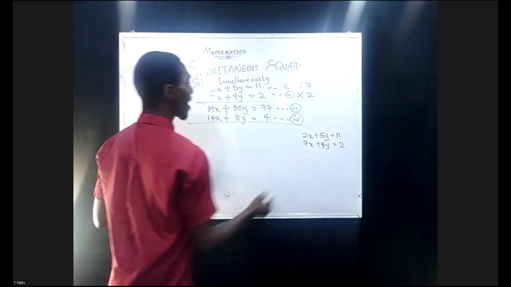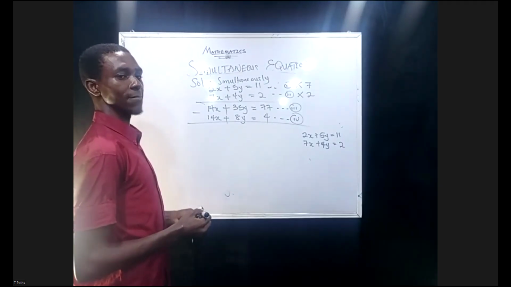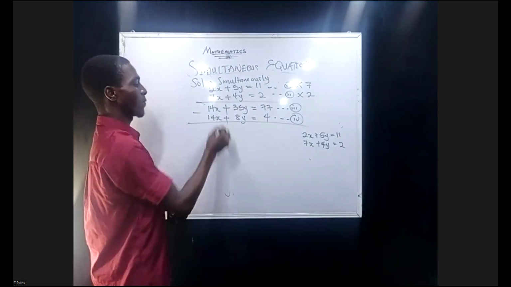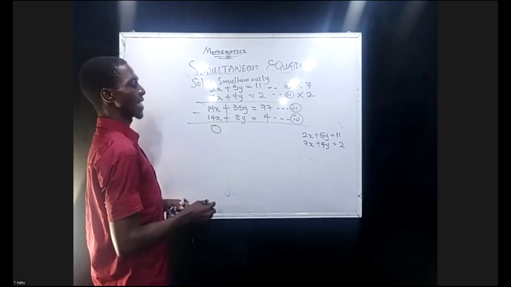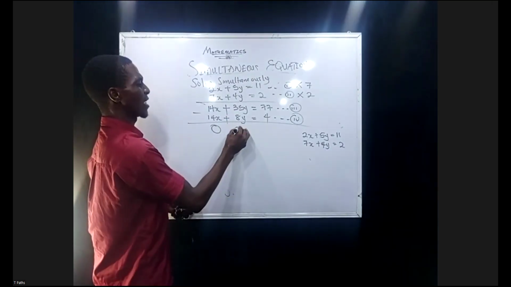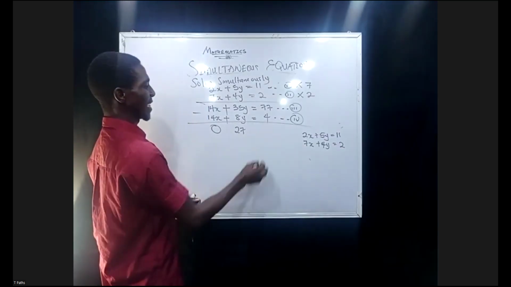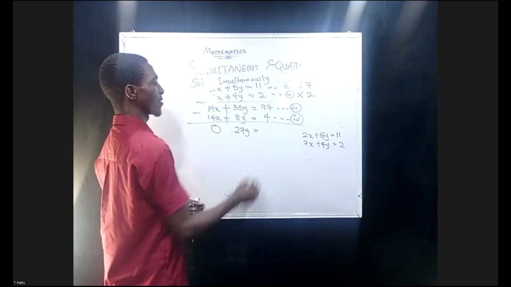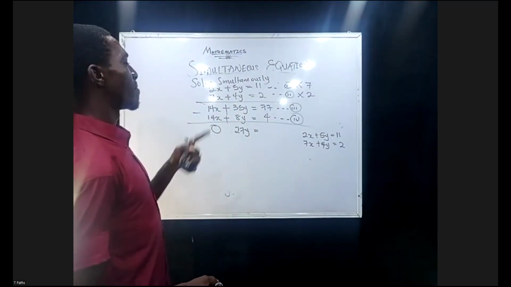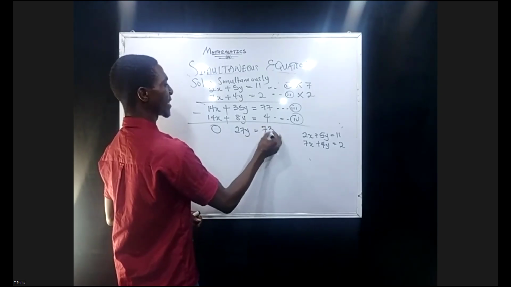Now we have x equal, so we subtract both sides. 14x minus 14x is 0. 35y minus 8y, what do we have? 27y, isn't it? Equals 77 minus 4, that is giving us 73.